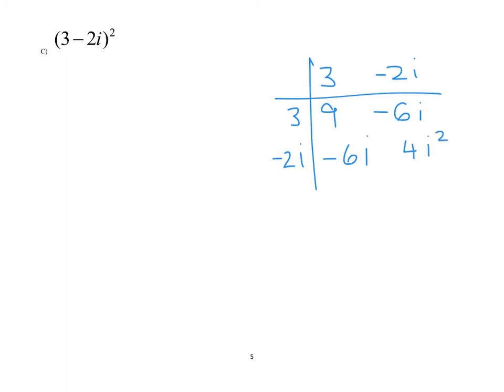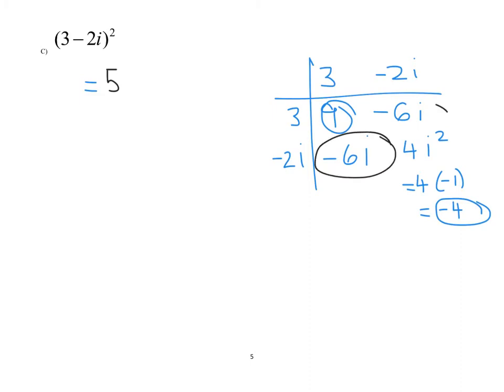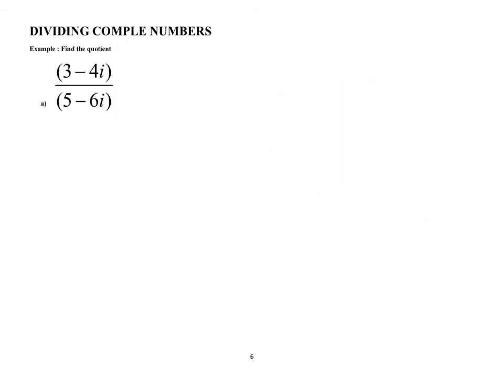This is going to be the same as 4 times negative 1, which equals negative 4. So I take the negative 4 and 9, so I get 5, and then I combine the 6i, so I get negative 12i. So that's the answer.